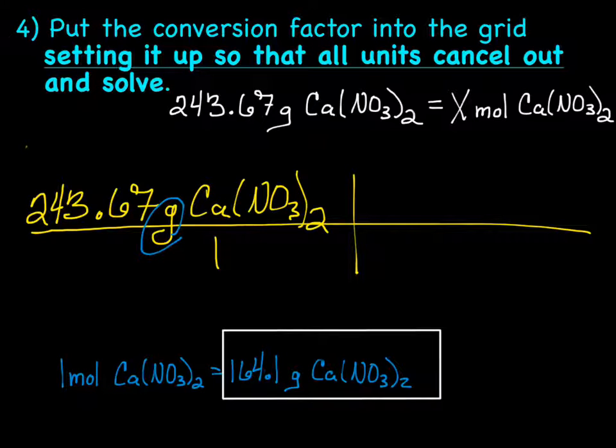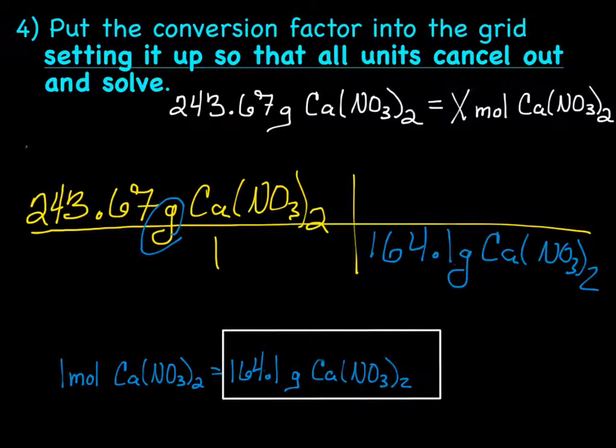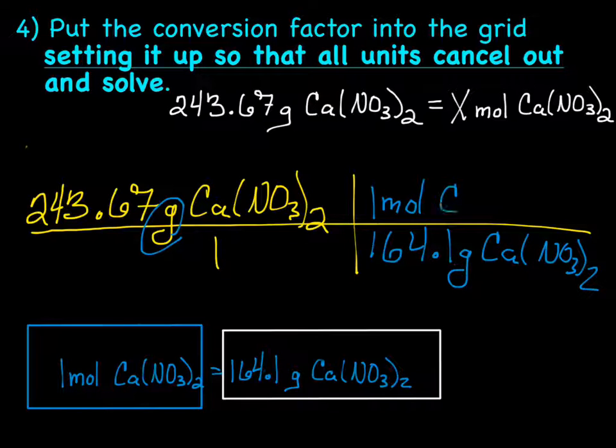So we'll have 164.1 grams Ca(NO3)2 on the bottom, which leaves for the top, whatever's left over, in this case, 1 mole Ca(NO3)2. Okay, let's double check that our units actually cancel out. Grams does cancel out grams, and we're left with moles, which is what we were looking for, so we must have set the problem up correctly.